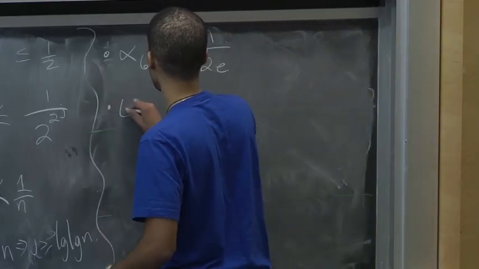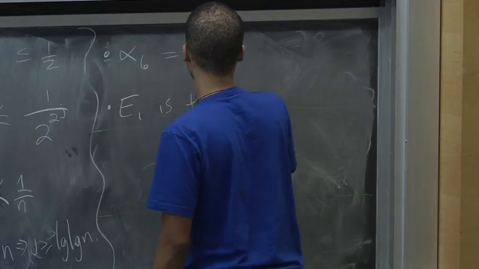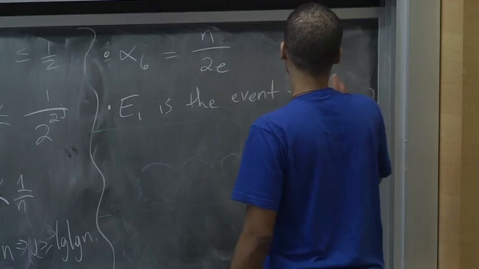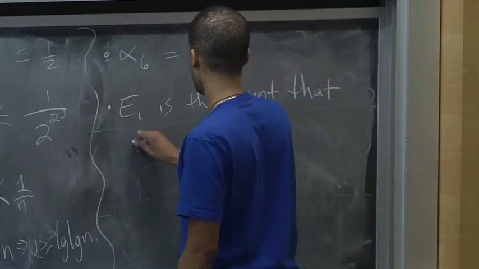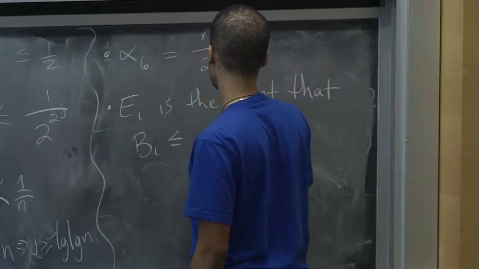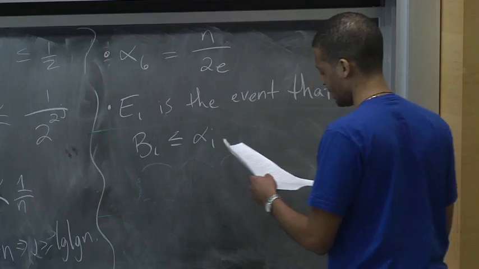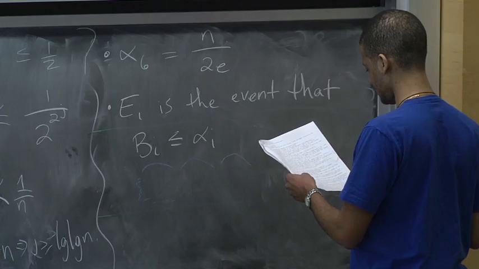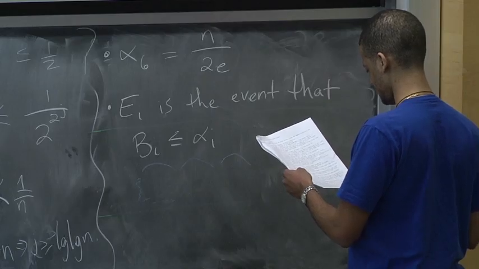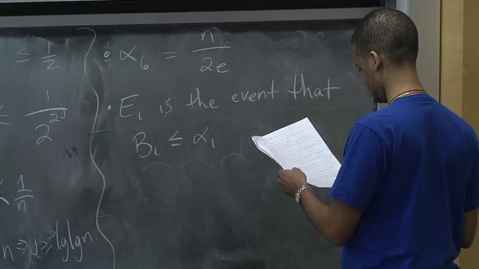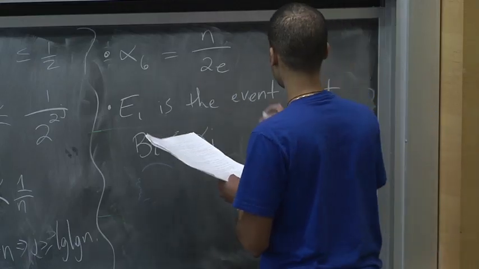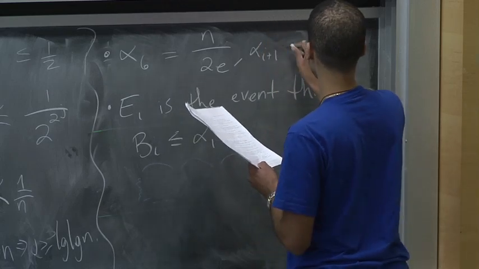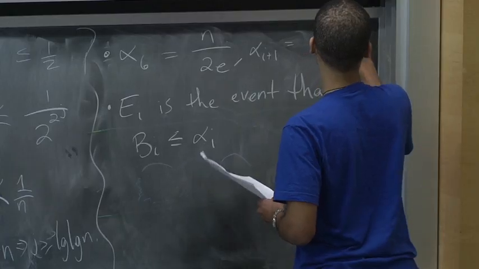And let's say that E_i is the event that b_i is at most alpha_i. And in general, for larger i's, how do I want to define this alpha? Alpha_{i+1} is equal to e alpha_i squared over n.